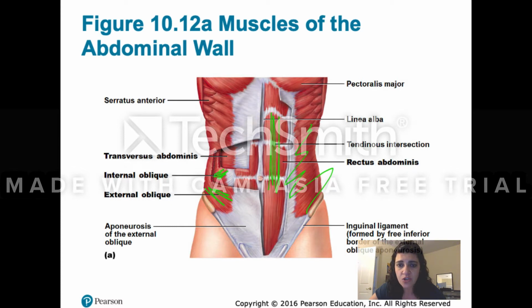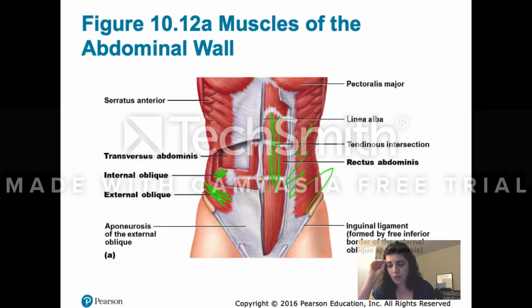You see how the internal oblique has fibers on the opposite side of the external oblique? So internal oblique has a similar function to the external oblique. So they all compress the abdominal wall and help to rotate the trunk and laterally flex the trunk.